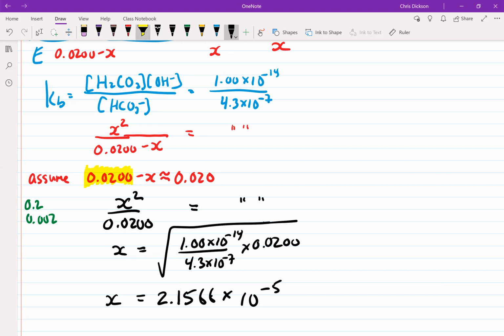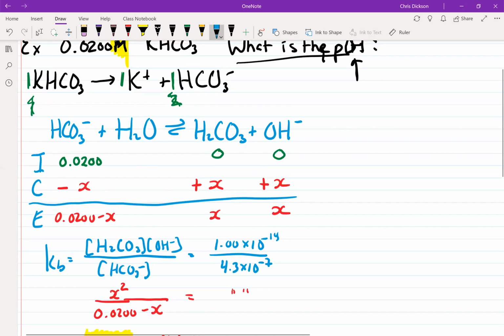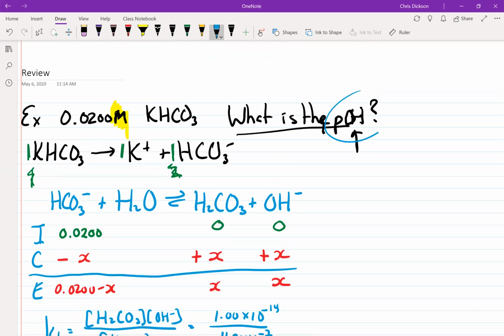Now, I kind of just write that down. I know some students asked in class before we went away that this number doesn't have the right number of sig figs in it, and I don't really worry about that right now because that's not my final answer. I'm just writing that down to remember what the number was. Now I want to figure out what X is referring to, and what I'm really being asked to find in the question. So I'm going to scroll up to double check. The first thing was it was asking me to find pOH, which means I need to know the hydroxide concentration.